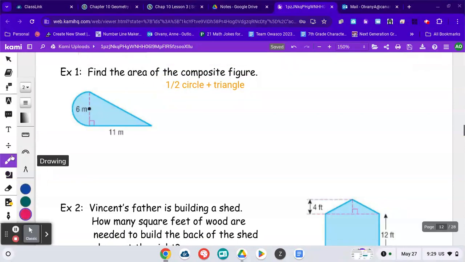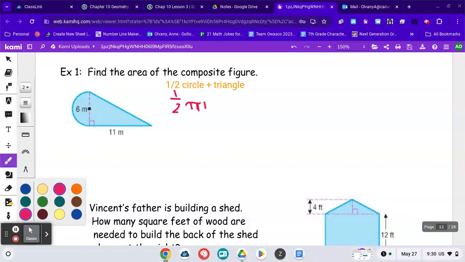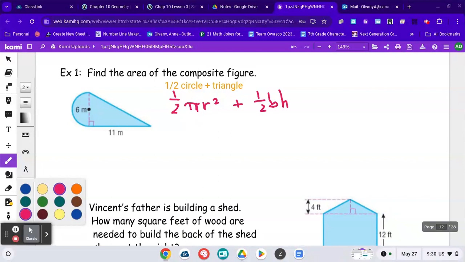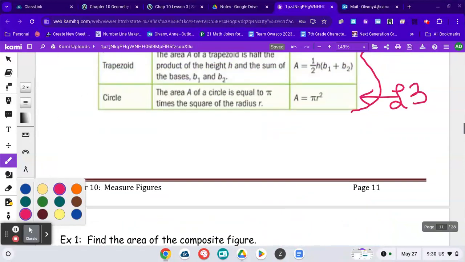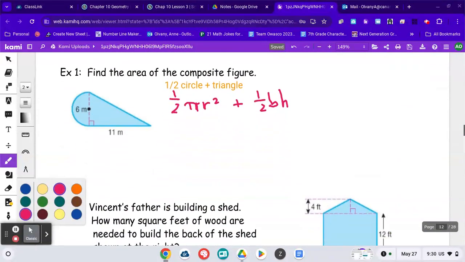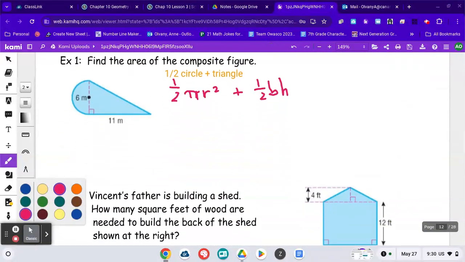Awesome. All right. So then I like to write the formulas of a circle. So I'm going to have 1/2 pi r squared plus the formula of a triangle, which is 1/2 base times height. And if you forget those, you can just scroll up and take a look there, or on lesson 1 or lesson 2.